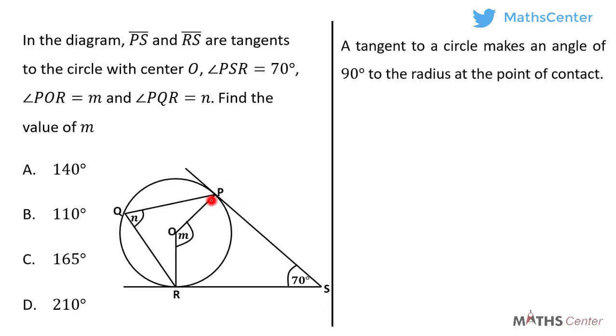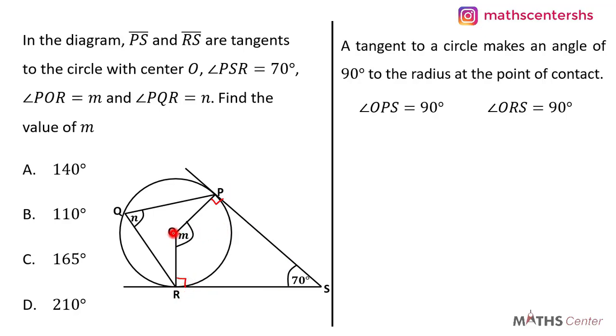So the angle formed here is 90 degrees, and in the same way, the angle formed here is also 90 degrees. So angle OPS is 90 degrees, and angle ORS is also 90 degrees.